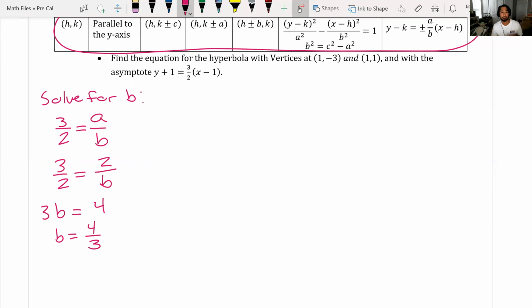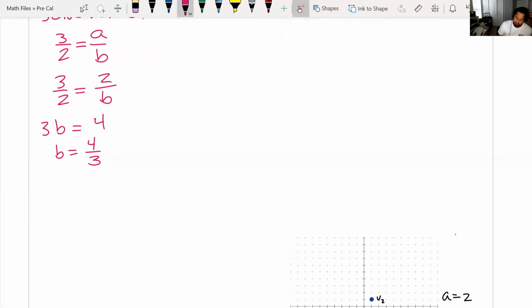So this means now that a is 2, b is 4/3, and we need to find c.